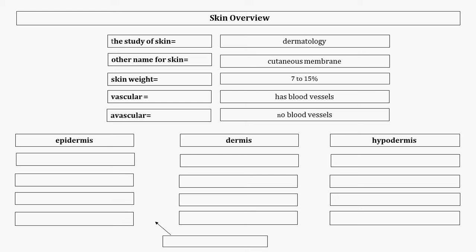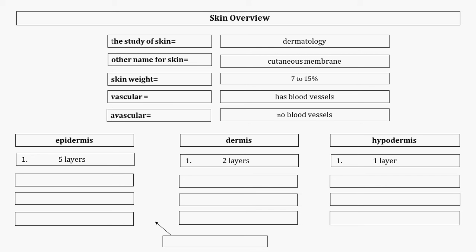Now, there's three layers of the skin. The hypodermis is actually not a layer, but there's basically three big layers, and then there's small layers inside of each one of them. The epidermis has 5 layers. Dermis has 2 layers. Hypodermis has 1 layer.